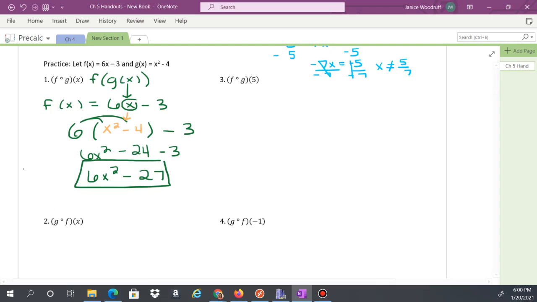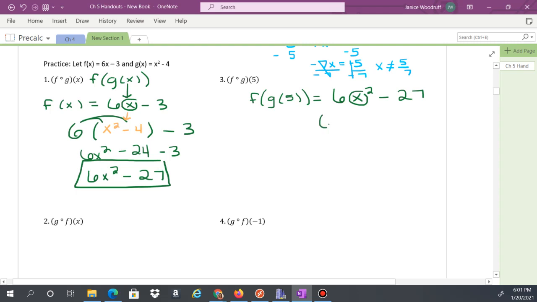All right, and then coming over to number 3, I go out of order here. Since I already did f of g of x with the same problem, I can just put a 5 in right there if I want. So I can go here and say f of g of 5. I'm just going to take this 6x squared minus 27, and I'm going to plop the 5 in because that's our f of g of x function.